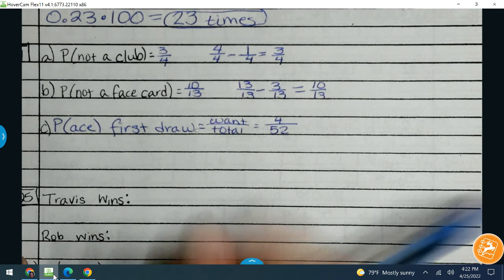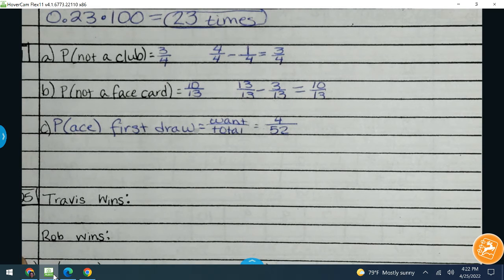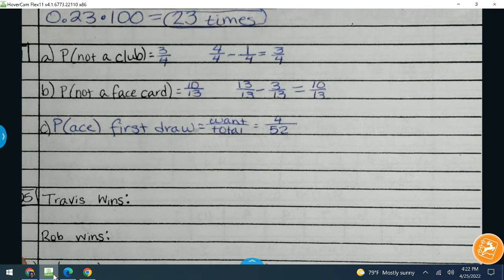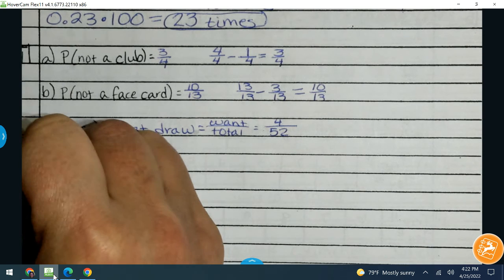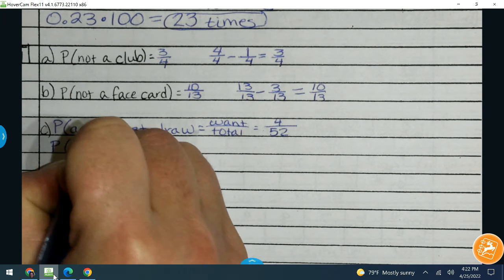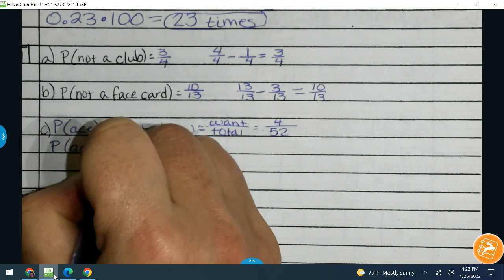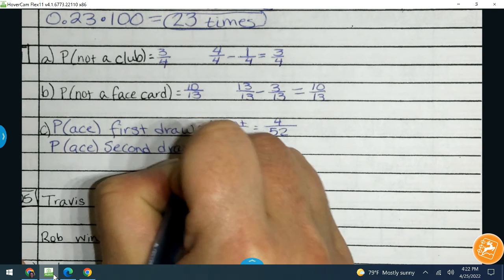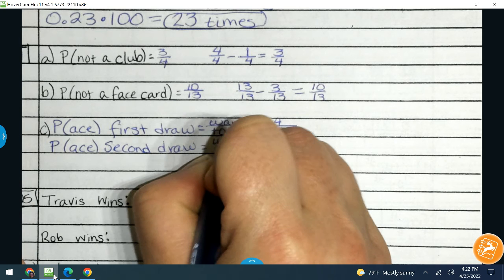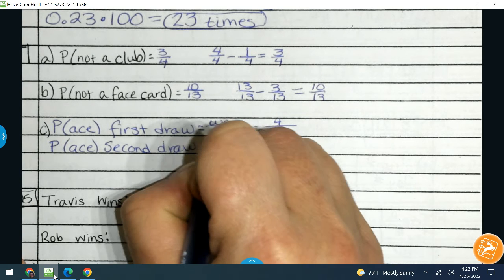So I drew it. I took it, I go, ooh, an ace, and I put it in my back pocket. So what's my probability of getting an ace on this second draw? Again, probability is what you want over the total.